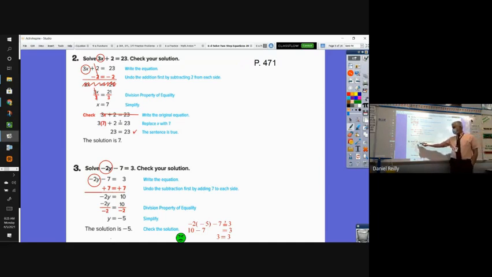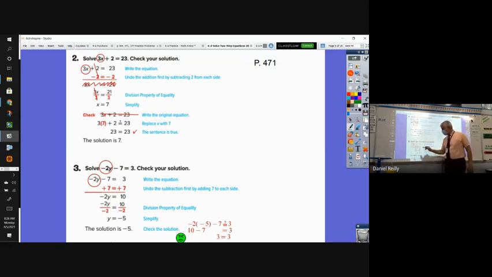Number 3, example 3, negative 2y minus 7 equals 3. Again, the minus 2y is the part you can't touch until it's by itself. Add 7 to both sides to undo the minus 7. You do it to one side, you have to do it to the other side.